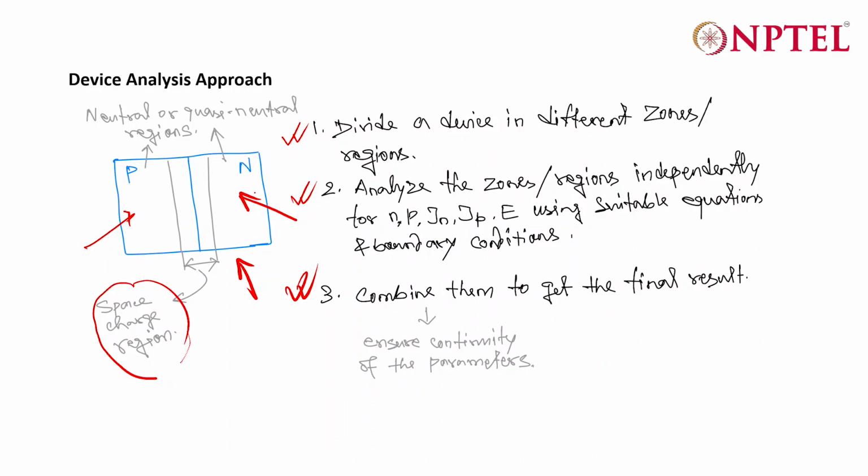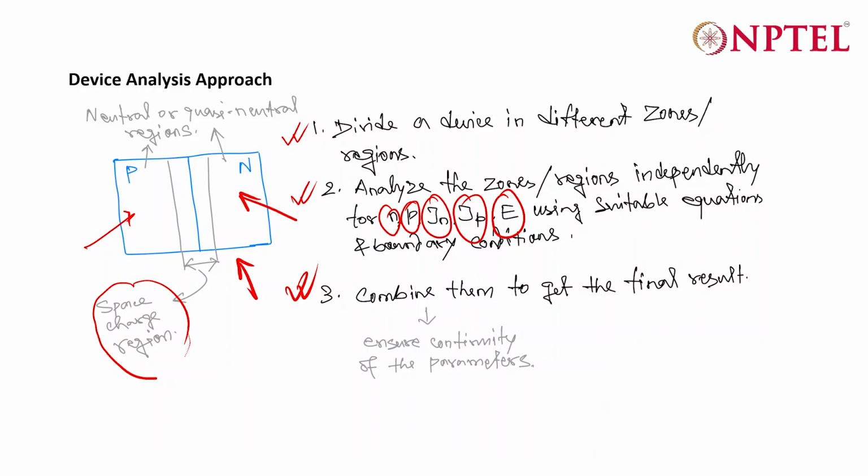After dividing the entire device into different zones, we analyze the zones or regions independently for 5 different parameters, that is N, P, Jn, Jp and E, using suitable equations and boundary conditions. So we solve for these 5 different parameters.